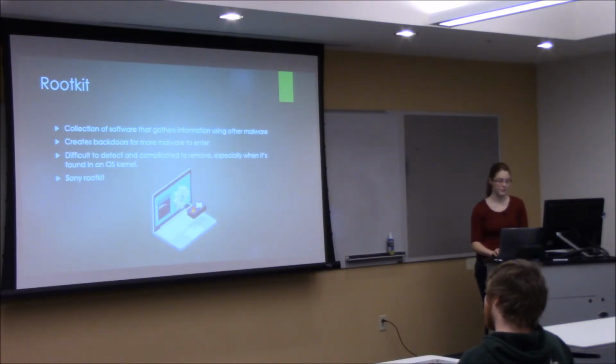It's usually really difficult to detect a rootkit because it's using multiple malware, so you don't know where the attack is specifically coming from. It's especially hard to remove once it gets into the operating system. So again, you'd probably just have to reset your entire operating system if it got there, which could be pretty devastating.